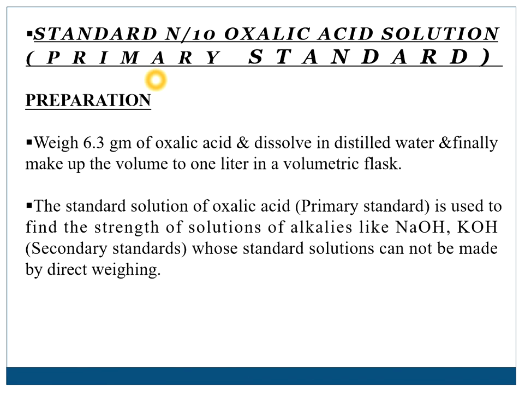This oxalic acid is a primary standard and it can be prepared by taking 6.3 gram of oxalic acid and dissolving it in water to produce 1 liter.